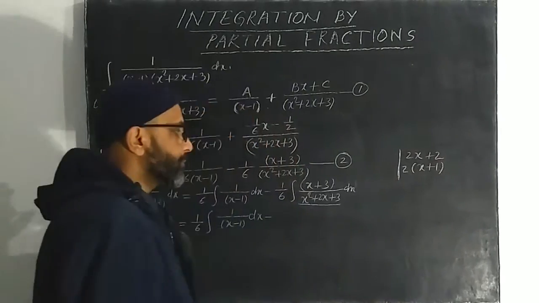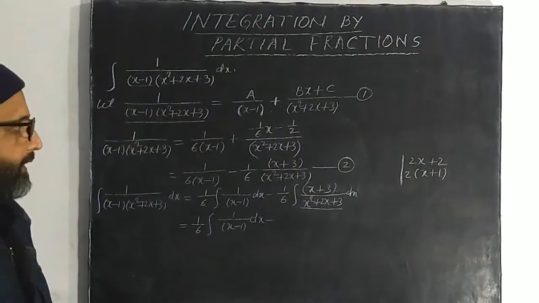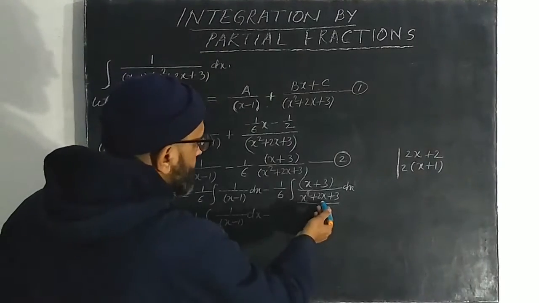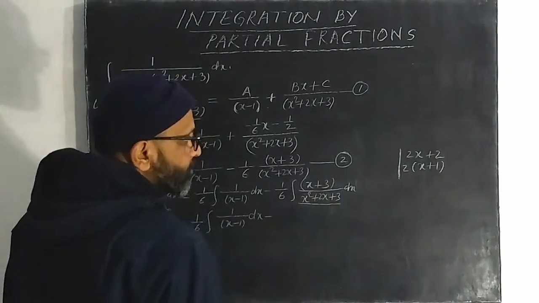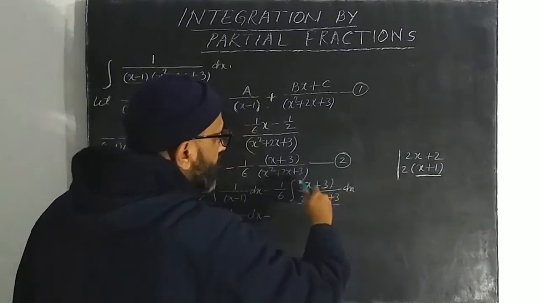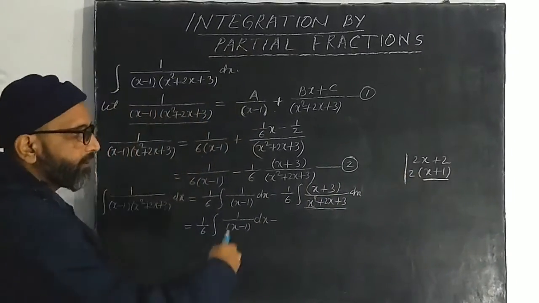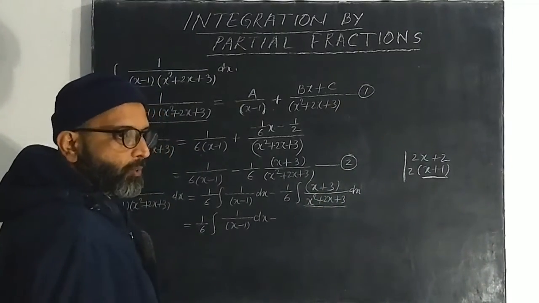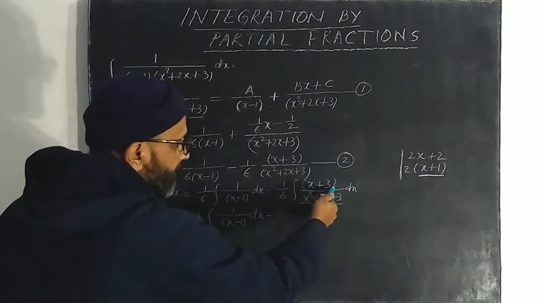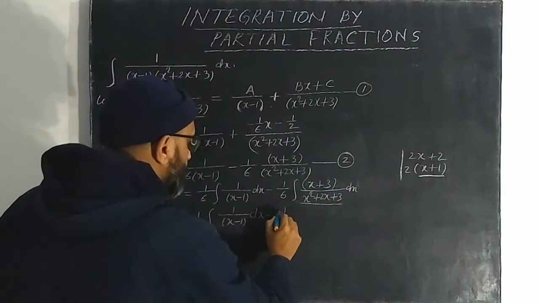So take 2 common, we get x plus 1. So to simplify this, we have to break x plus 3 as x plus 1, that is this expression, plus something whatever is required. So x plus 3 we may write x plus 1 plus 2, or if there is some other number, accordingly we have to write.